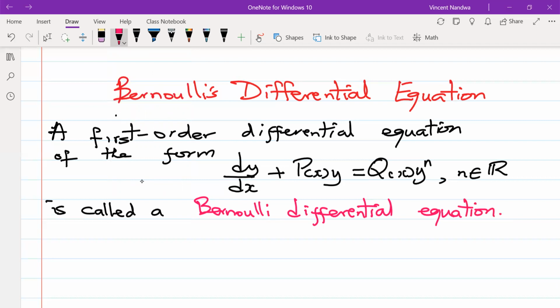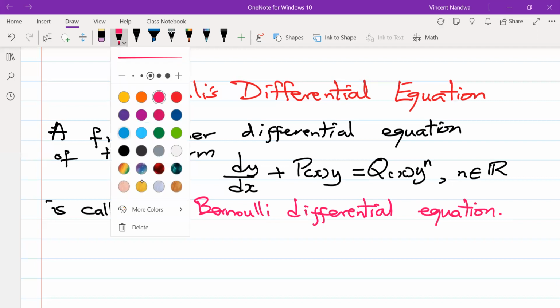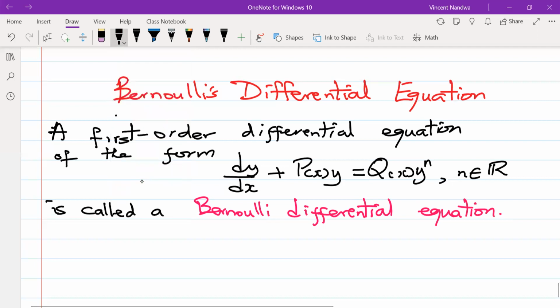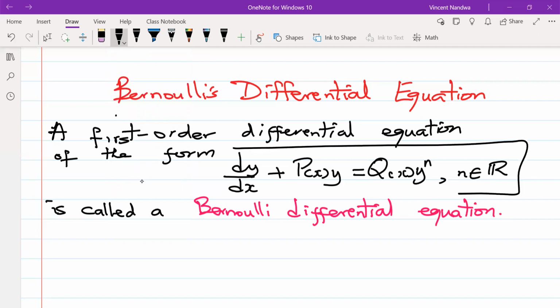So any differential equation of the form dy/dx plus p of x y equals q of x y to the power n, where n is any natural number, is called a Bernoulli equation.